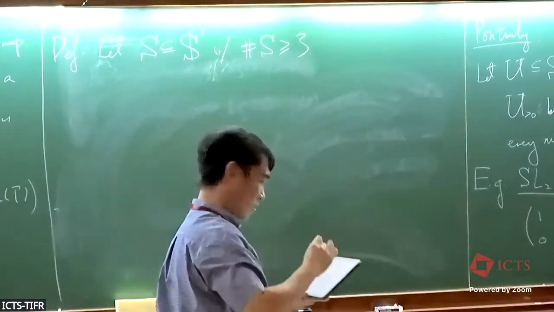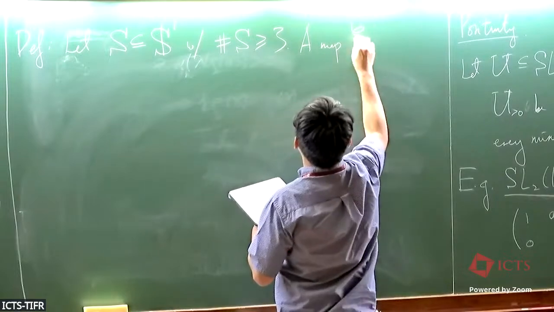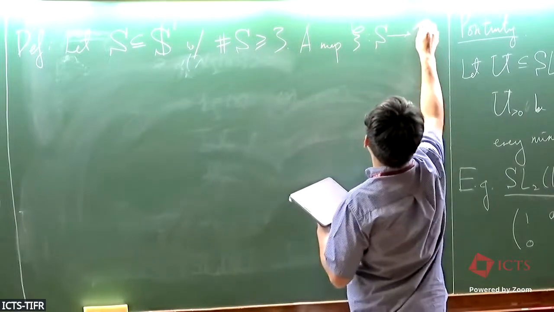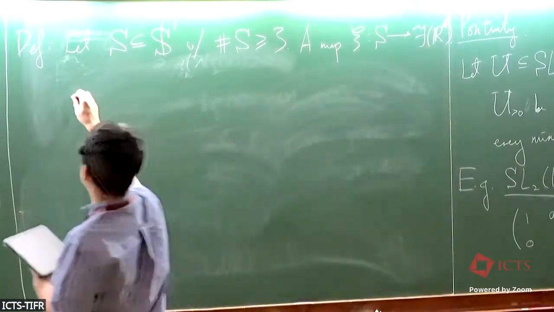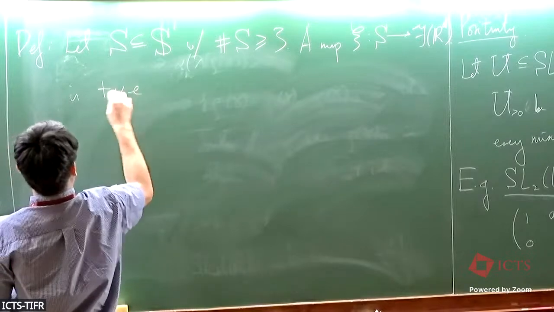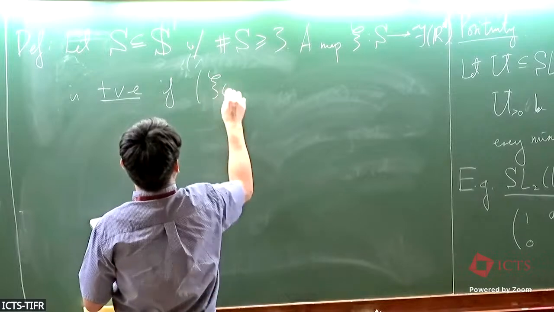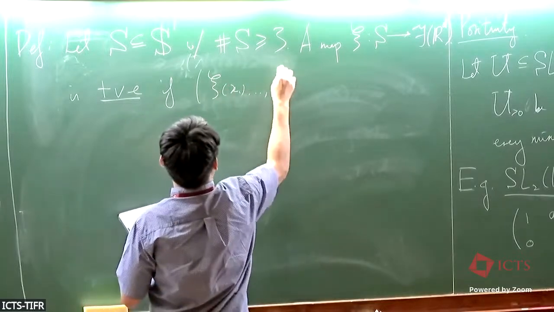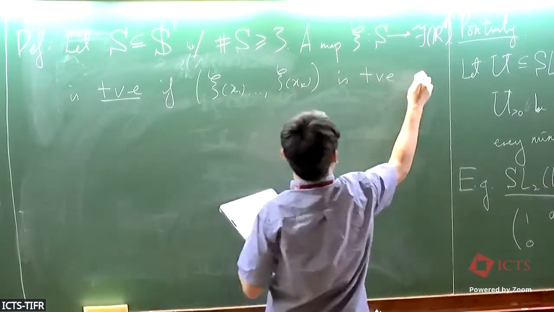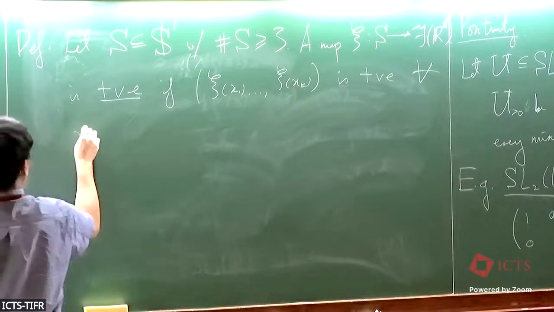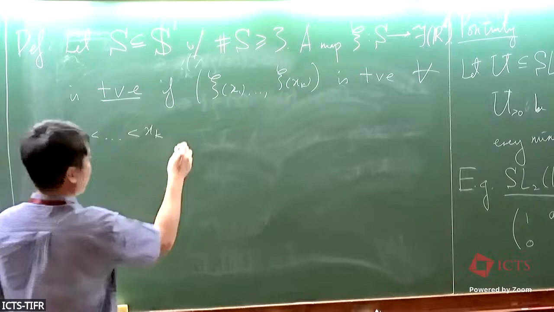Then a map C from S to FRD is positive if C of x1 to C of xk is positive for all x1 to xk cyclically ordered in S.